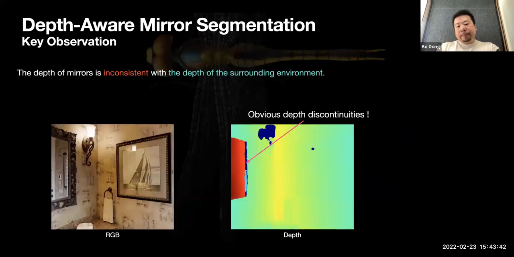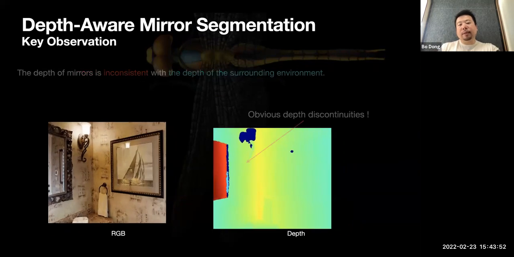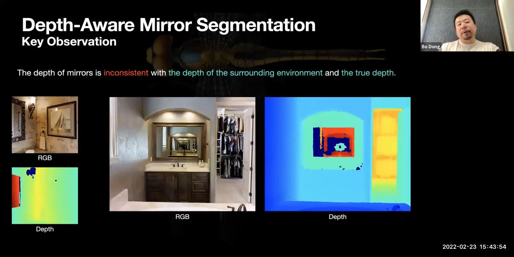So if we look at the depth map of the mirror, an interesting observation here is that we can see obvious depth discontinuities, right? And also if we see a mirror from another angle, we can see the depth information reflected by the mirror is also not its true depth, right? It's just the depth of what it reflects.